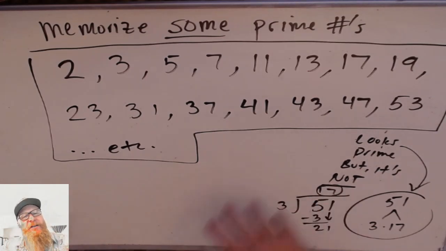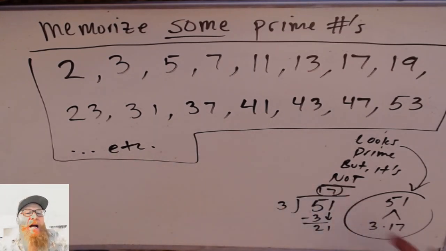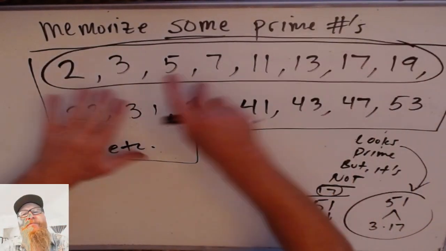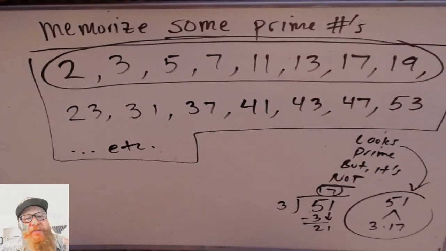As you go through your mathematics education, into algebra, trigonometry, geometry, pre-calculus, calculus, college level math of some sort, maybe your list of primes will grow with you. I'll be honest, I just walk around every day knowing this top line. These are the ones I just know, at the grocery store, driving down the street, or whatever. These other ones, you stop and think about it.